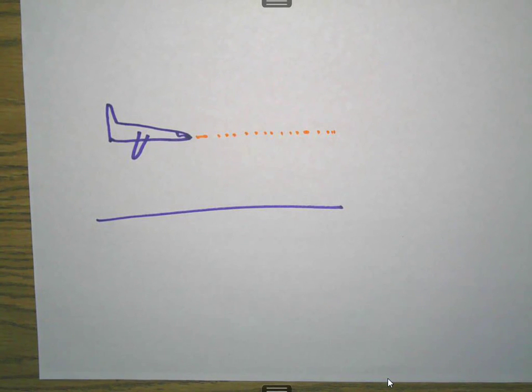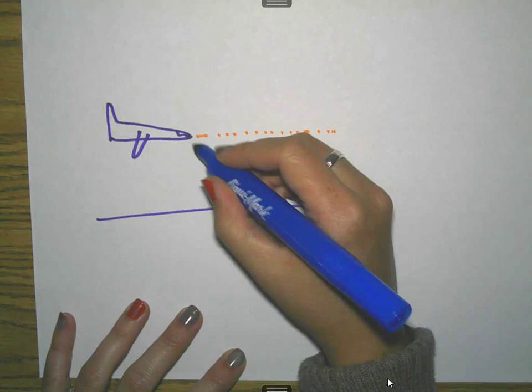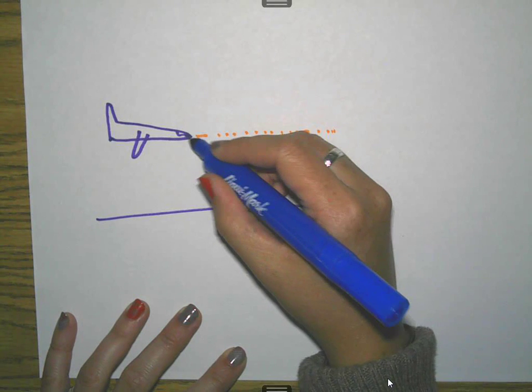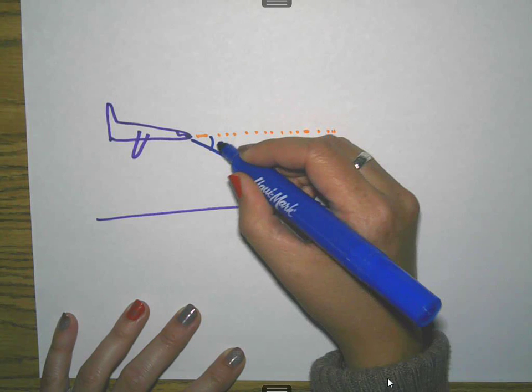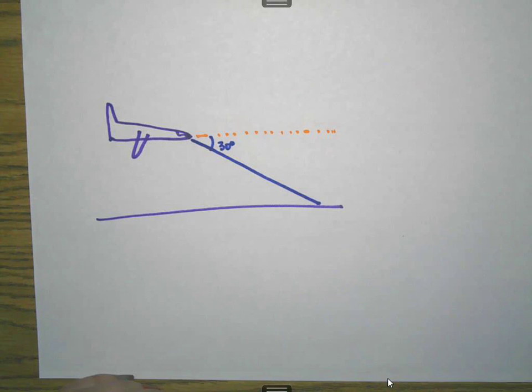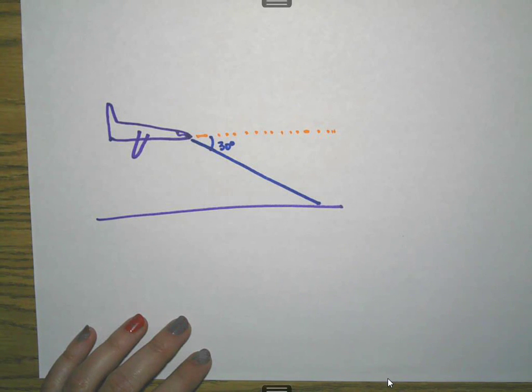So if we're talking about an angle that is 30 degrees to the horizontal, that means we're looking at it kind of like this way. That the plane is flying at an angle of 30 degrees to the horizontal. Okay?